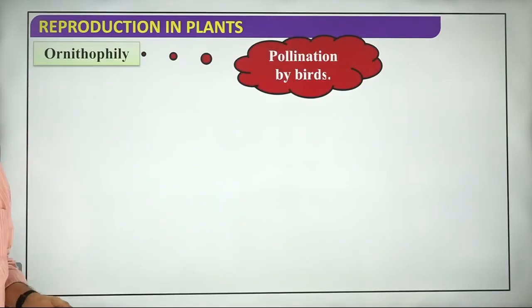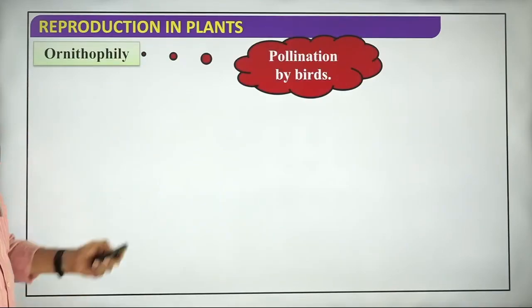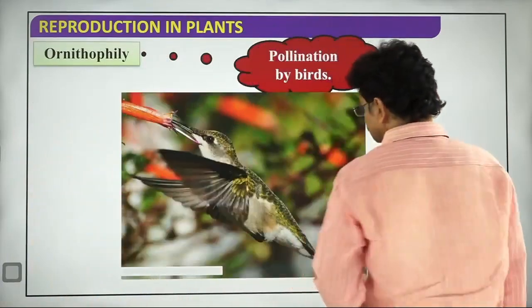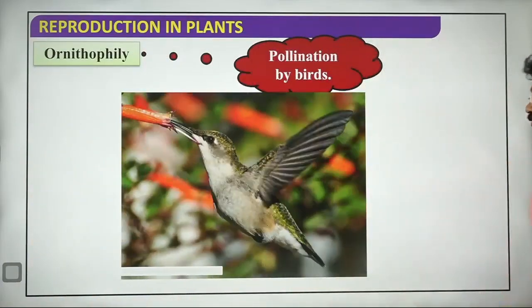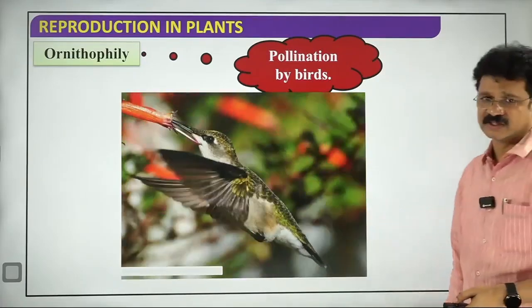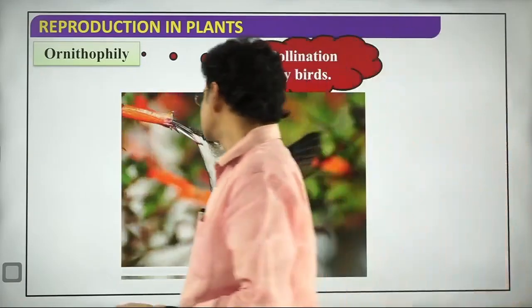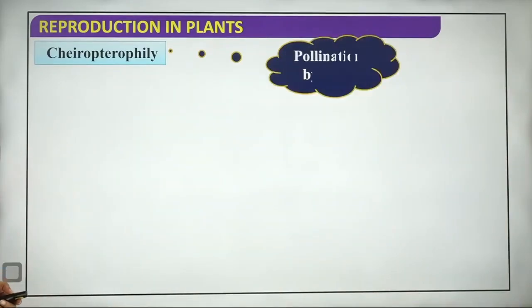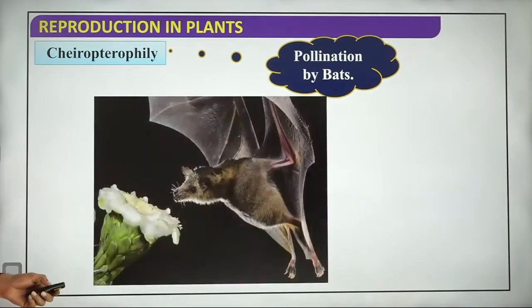Next, ornithophily, pollination by birds. This is the smallest bird, the hummingbird, very efficient for transferring pollen from one plant to another. Next, pollination by bats is chiropterophily. Bats are night-moving animals.